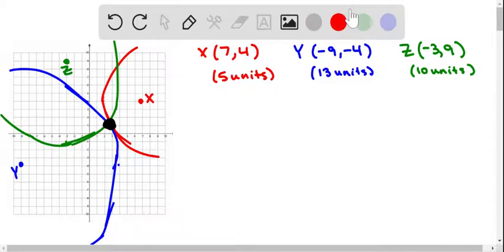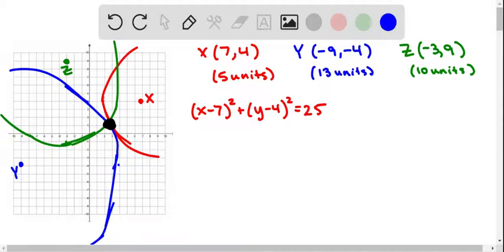So suppose I write the equations of the circles. For the red circle, it would be (x minus 7) squared plus (y minus 4) squared equals 25. And for the blue circle, it would be (x plus 9) squared plus (y plus 4) squared equals 169.